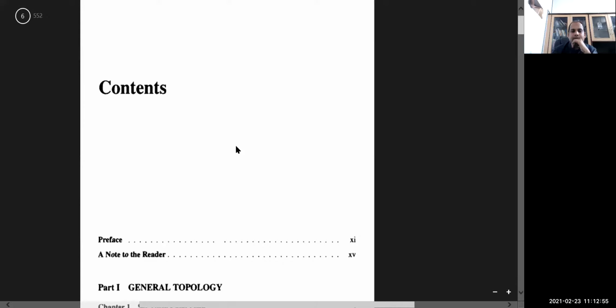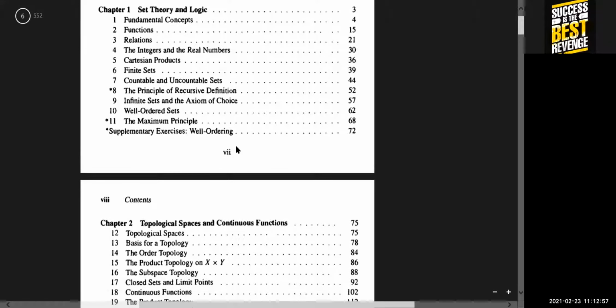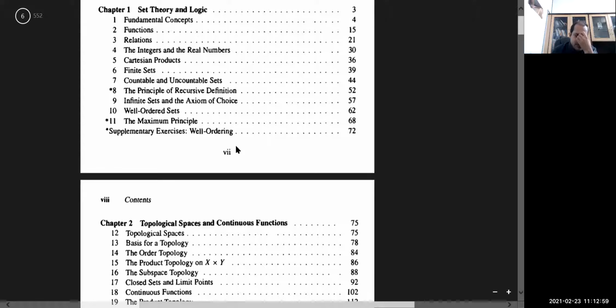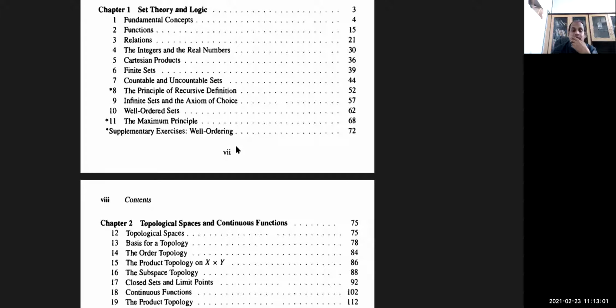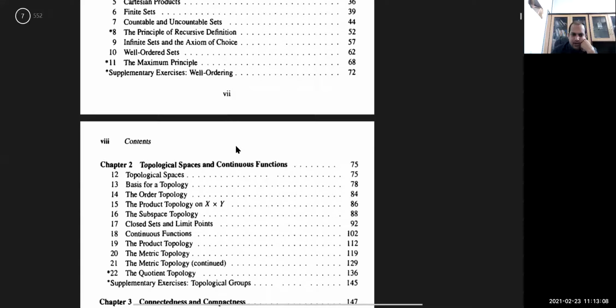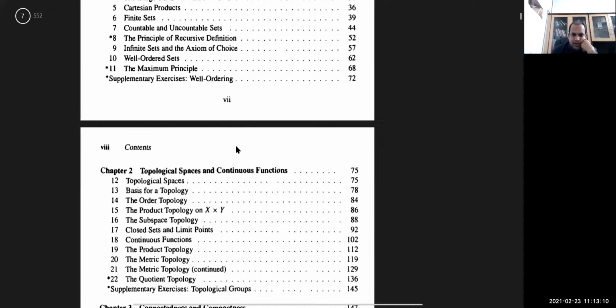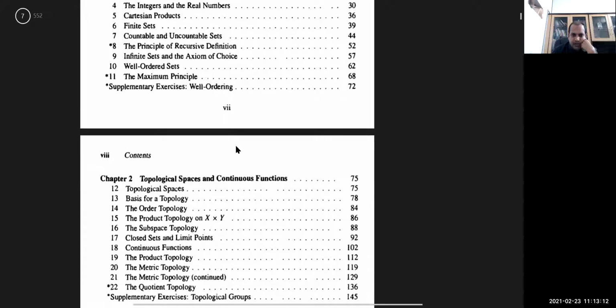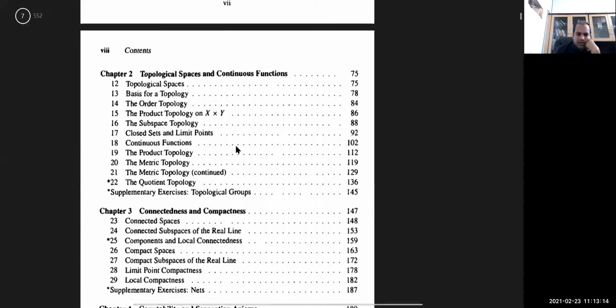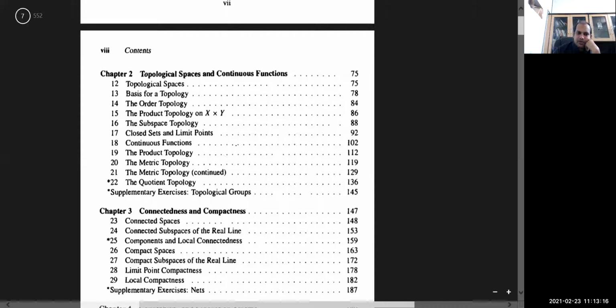Because we are starting late, I will be a little bit fast after unit 1, not in unit 1. So the things I need to cover are from chapter 2, topological spaces and continuous functions.